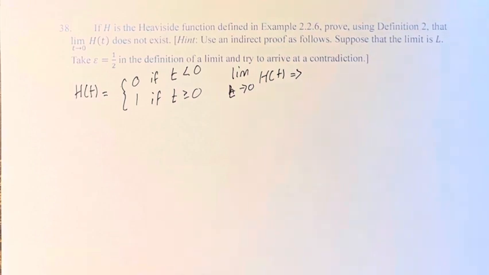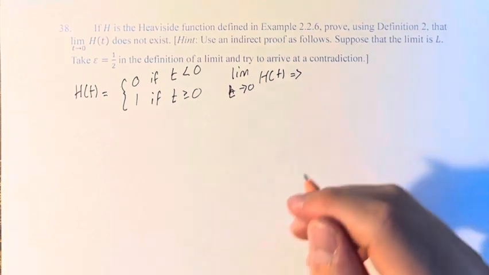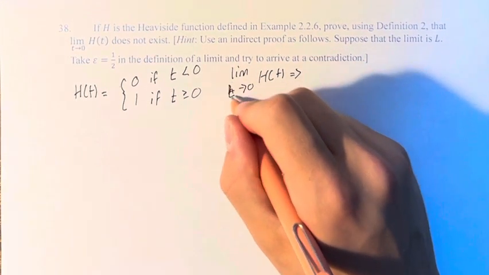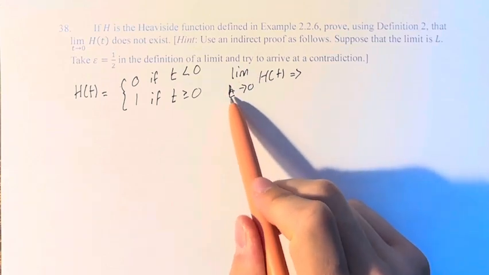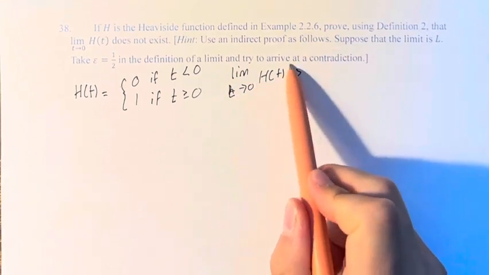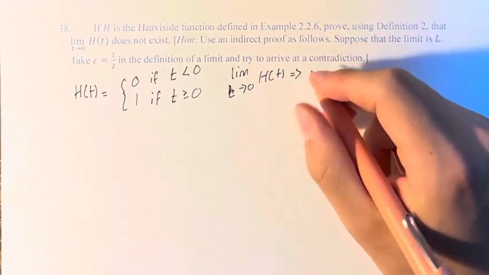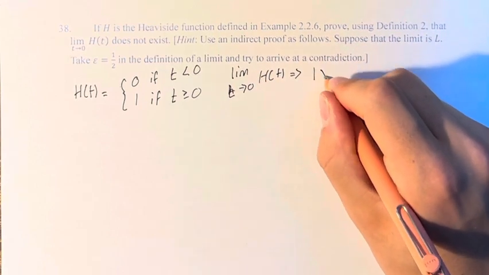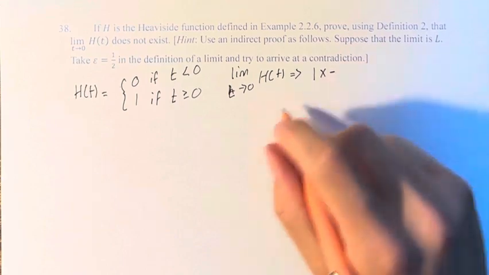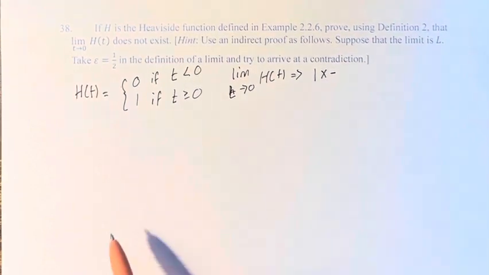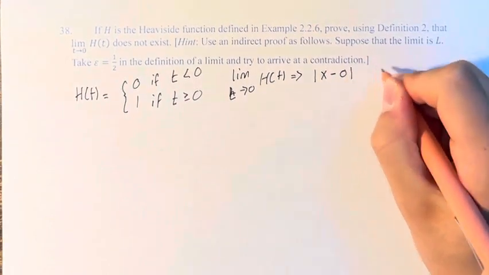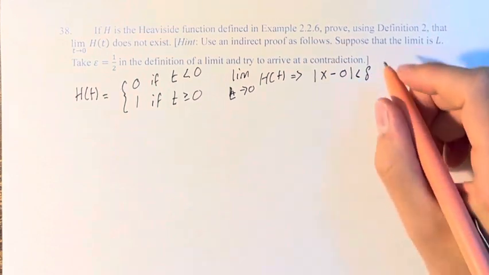So we're going to use the precise definition of a limit, which states that the limit as x approaches a of f of x is L if the absolute value of x minus a, so the value that t is approaching, is less than some number delta.